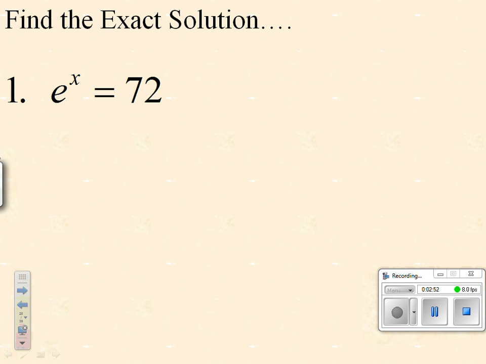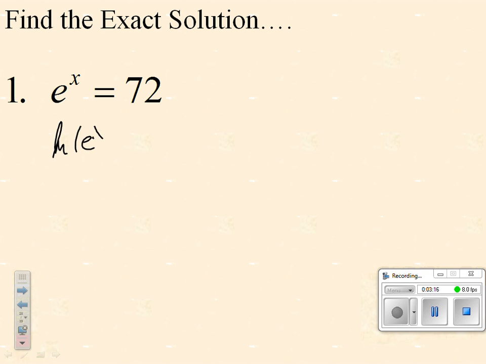How do we solve this? And what would you do? I don't even know. I'm trying to get x by itself, and that x is an exponent. There's only one way to get it down. Antonio, bring in a natural log.